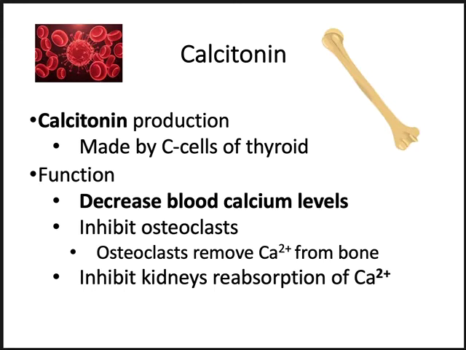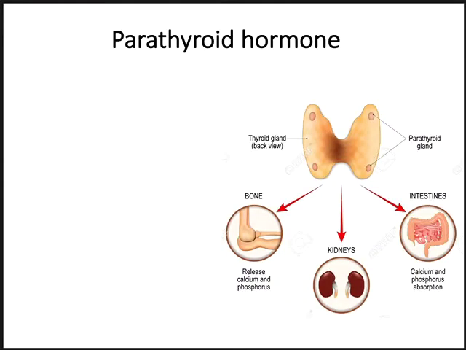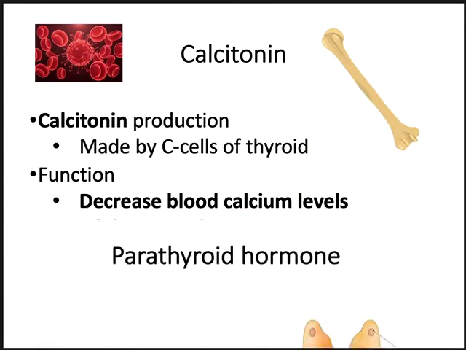In addition to this, calcitonin will also inhibit the kidneys from reabsorption of calcium. So you're going to excrete more calcium in your urine, and you're going to stop pulling it out of the bone. Those are both two ways that calcitonin will lower the calcium in the blood.